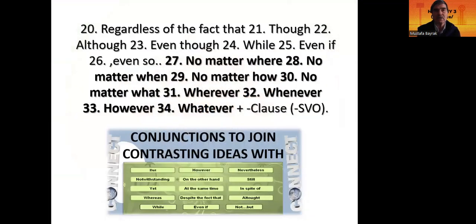The others are, regardless of the fact that, though, although, even though, by making an although clause or even though clause, while, of course, here, while means but, even if, even so, no matter where, no matter when, no matter how, no matter what, wherever, whenever, however, whatever.